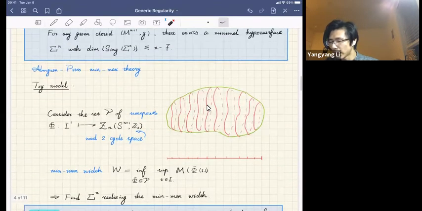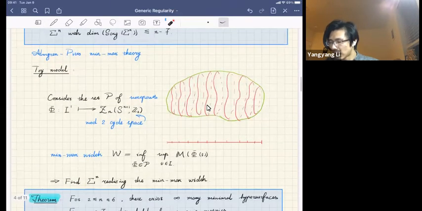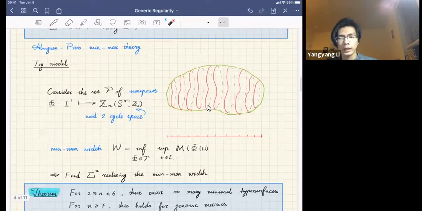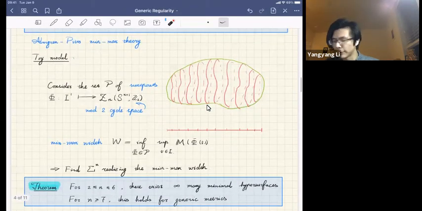And in fact, we can know more about the minimal hypersurfaces in a given closed Riemannian manifold. If the dimension n is between 2 and 6, then it is shown that there exist infinitely many minimal hypersurfaces. And currently, if the dimension is greater than 7, this also holds if we only consider generic metrics.